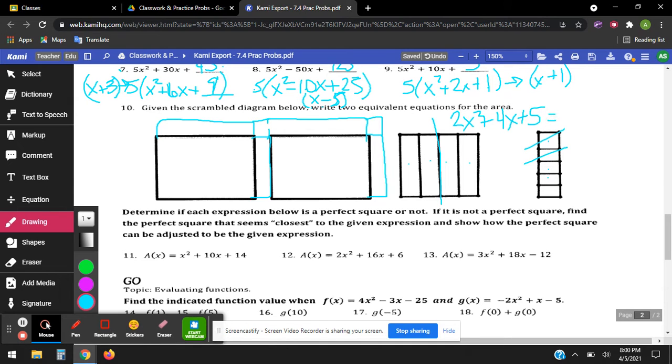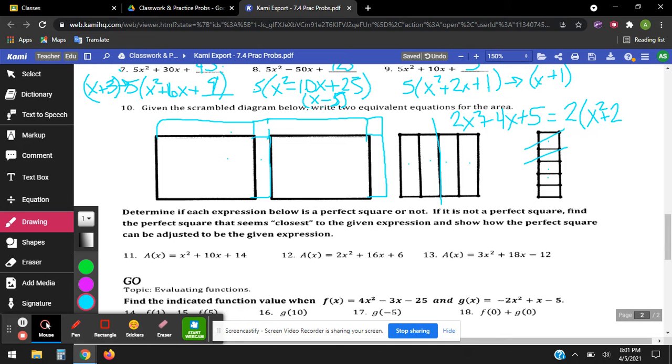So that's one. But if I'm going to split this up, I have 2 parentheses and I have an x squared plus 2x, oh, yeah, never mind. x plus 1.